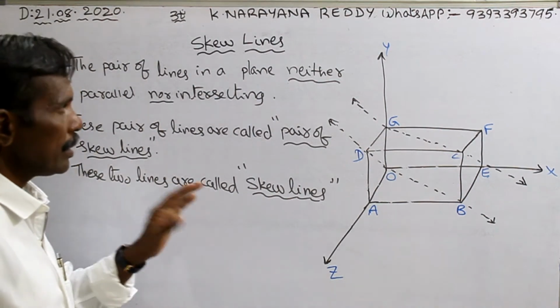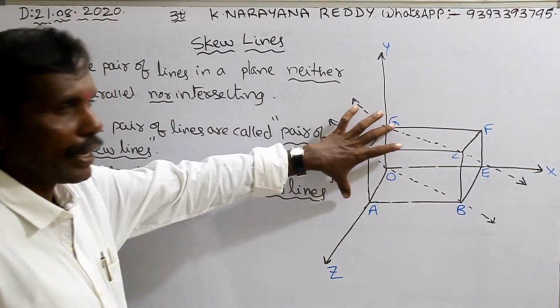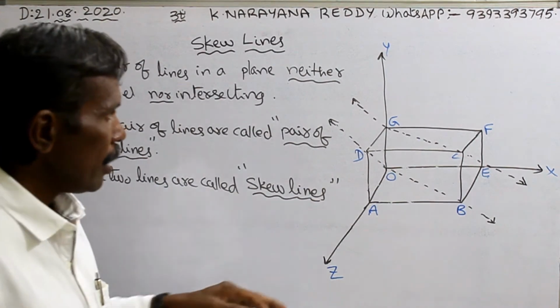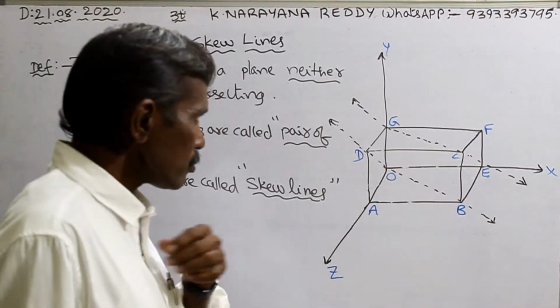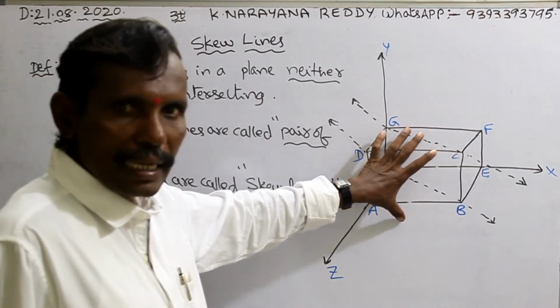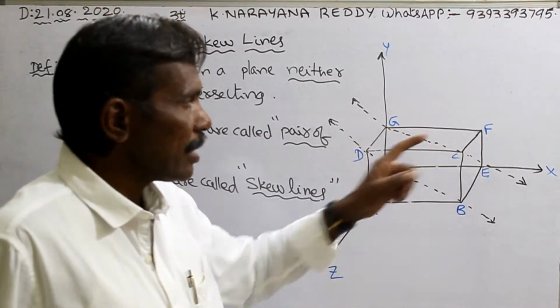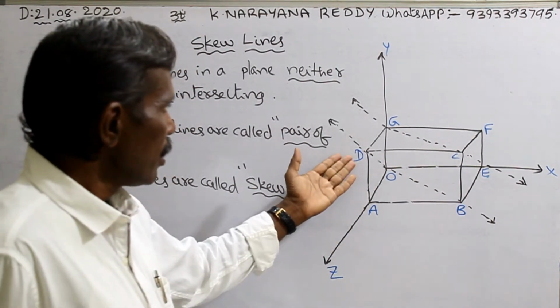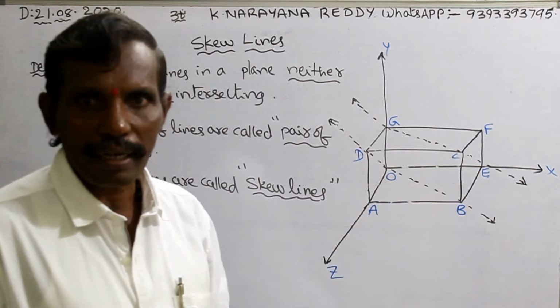So, see here, in this plane, x, y, z is a plane. And O is the origin, you know that? And this is a ceiling, yes or not? Now, in this ceiling, GC is a diagonal and DB is also another diagonal.